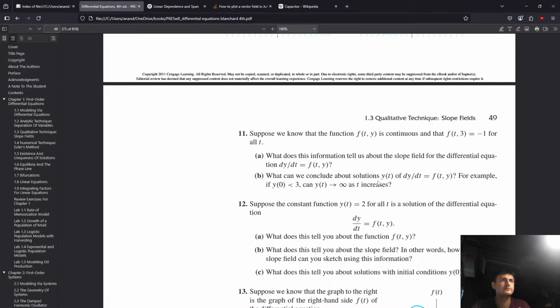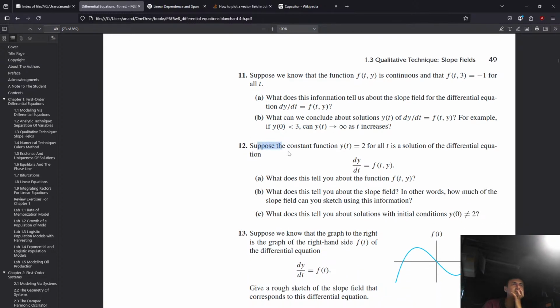What can we conclude about solutions y of t? For example, if y of 0 is less than... B, I don't know the answer to B. Suppose the constant function y of t is equal to 2 for all t. Is it just the constant solution?